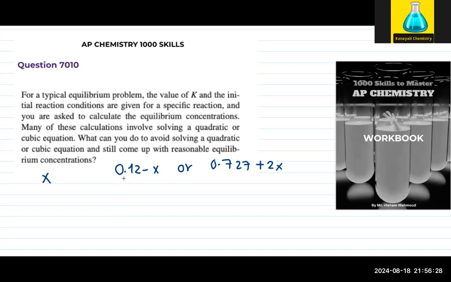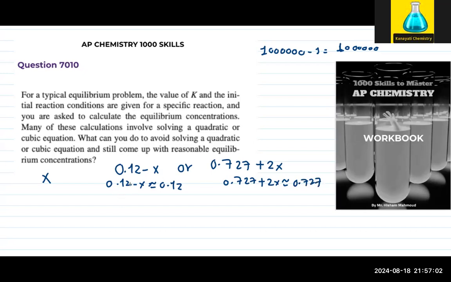If I have 1 million and 1 is subtracted from it, it is almost equal to 1 million. Imagine you have $1 million and I take $1 from you. If I ask you how much you have, you tell me you still have 1 million. You will not care about this x which is removed from you. So I can say that 0.12 minus x is approximately 0.12, and 0.727 plus 2x, which is very small, is approximately equal to 0.727.